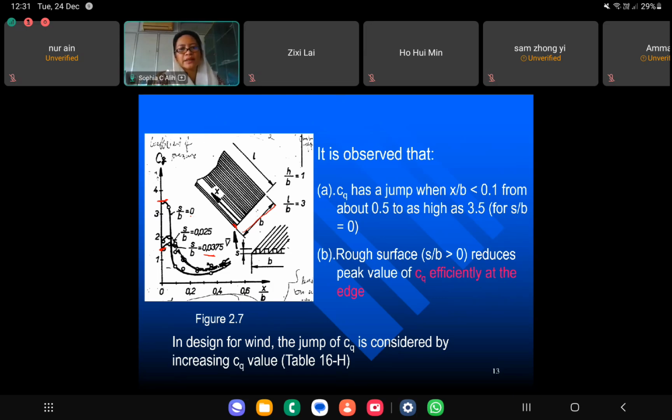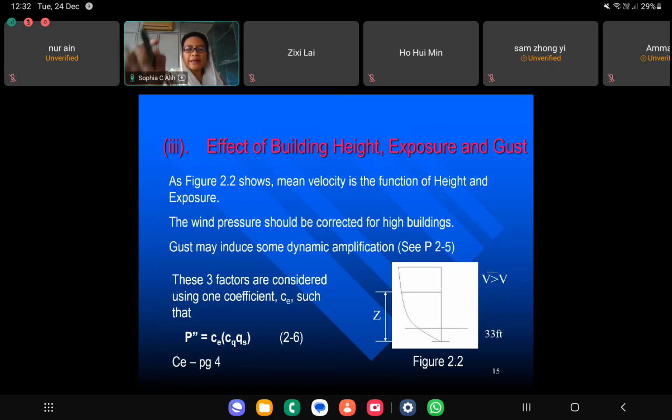So these are the things that are considered in your design by taking into consideration the effect on the CQ. Where you're going to check on this one? In here, Table 16H, we are going to check on it. This one. And the third one is the effect of building height on your structure.